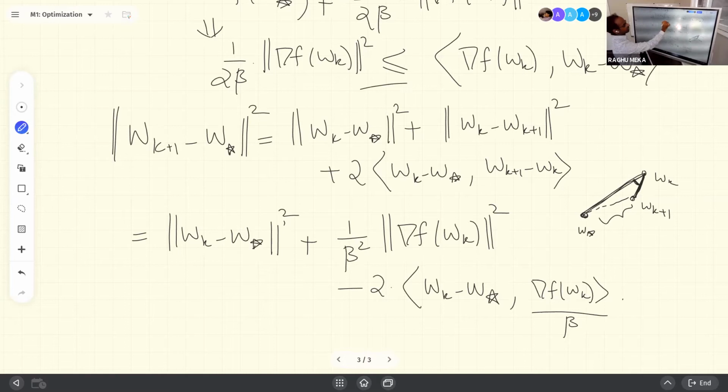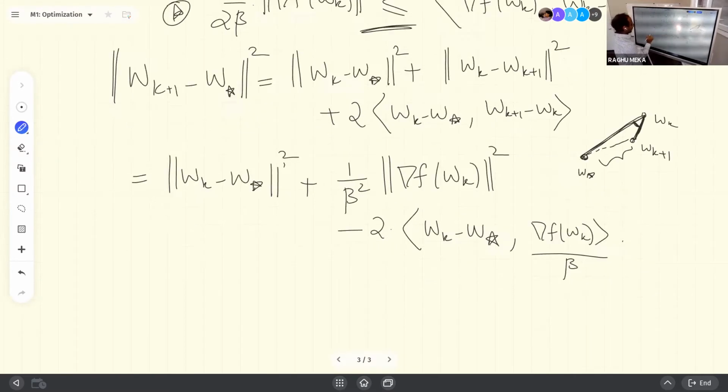But we just showed something about the angle between these two things, so just plug that in.